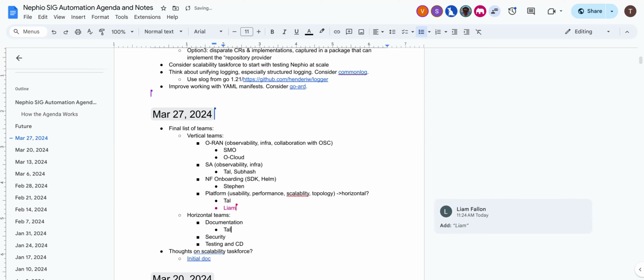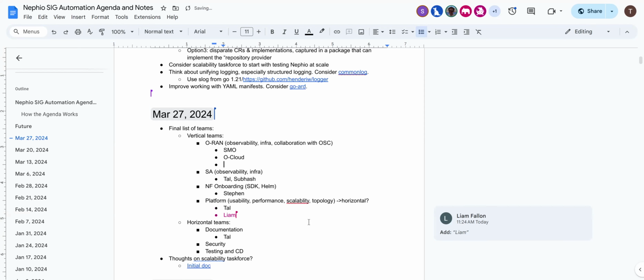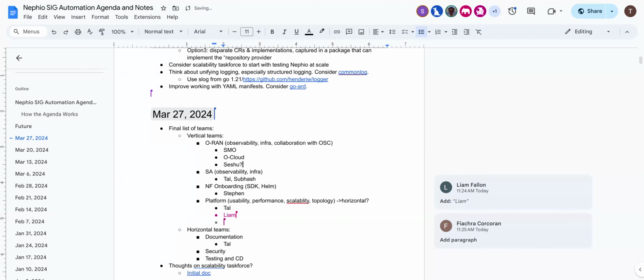So I think for talent, we do not have a representation from Oran. I would suggest a couple of names there, if we can add them or wait until later. Sure. Definitely Seshu is working on that. And then Stephen from Ericsson.